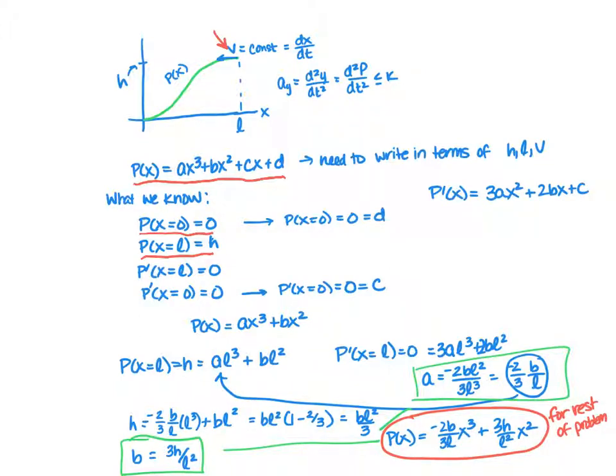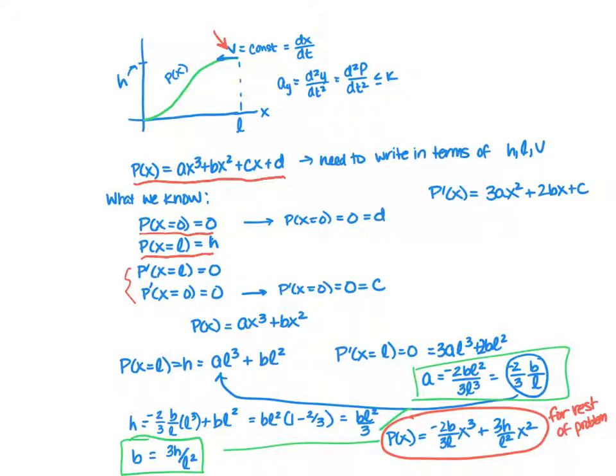The other things that they're telling us is that the slope of the graph is 0 at x equals L and at x equals 0. Those are these two conditions right here. So the slope is 0 at those two locations. The slope is the derivative.